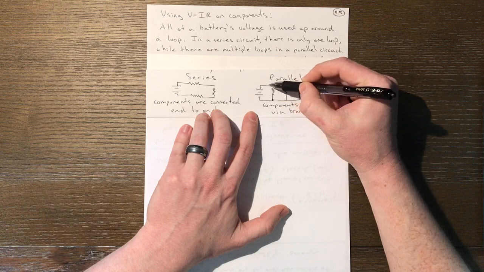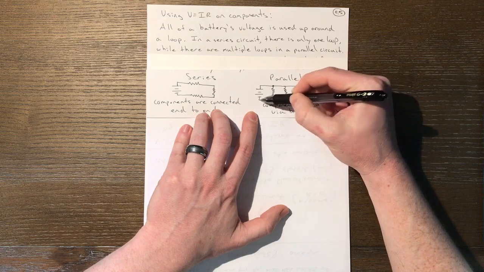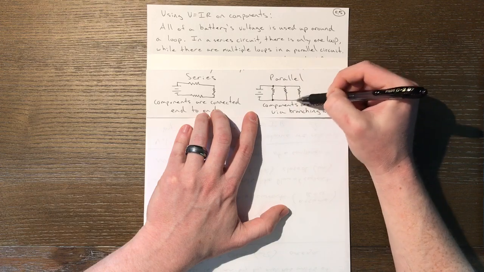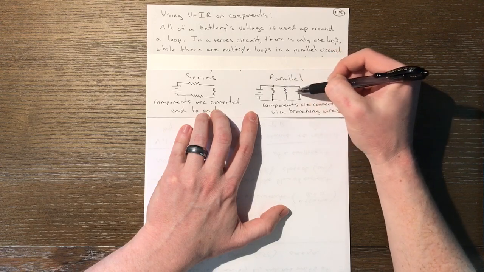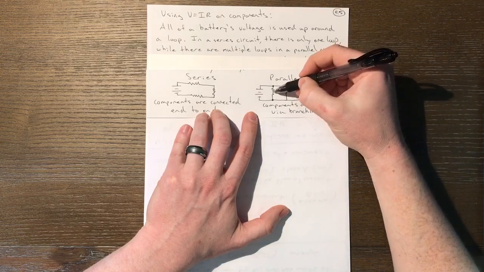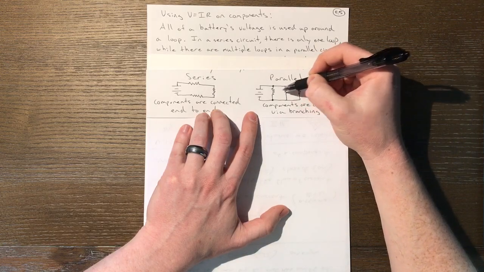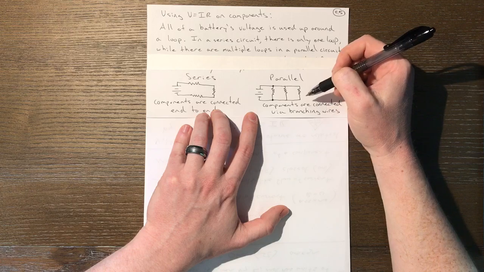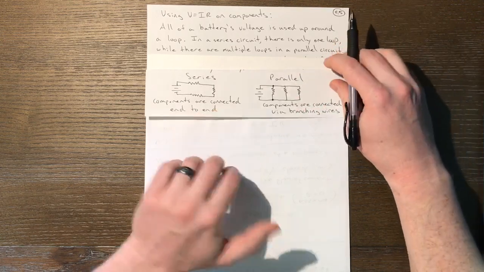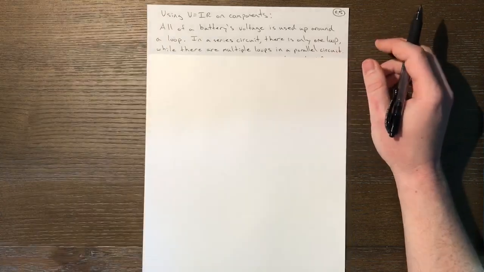Well, I leave with 12 volts, I only hit one resistor, so I have to spend all 12 volts there. Same goes for the last path as well. Any path I take, I need to spend all 12 volts, so the voltage drop across each resistor in parallel better be the same. That way I can keep my voltage budget the same.